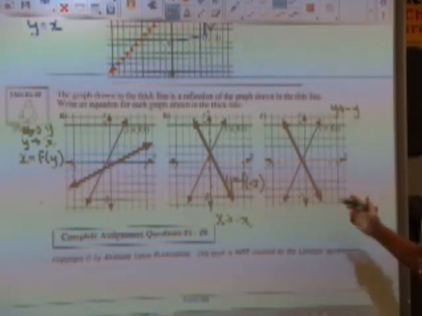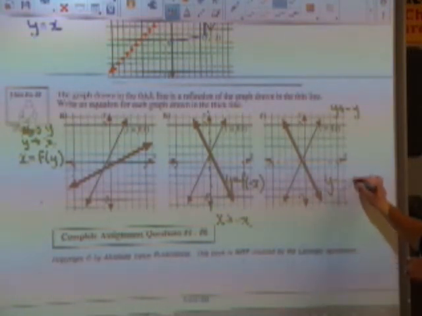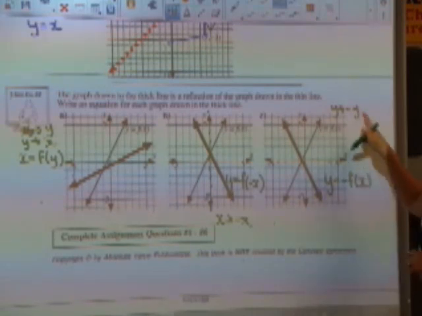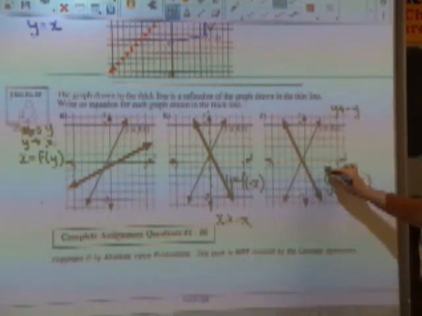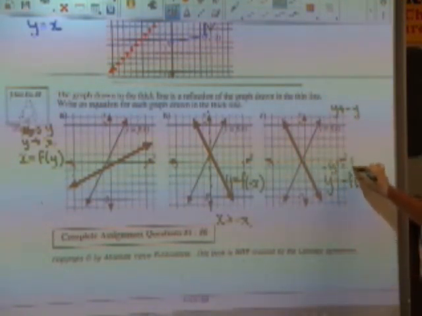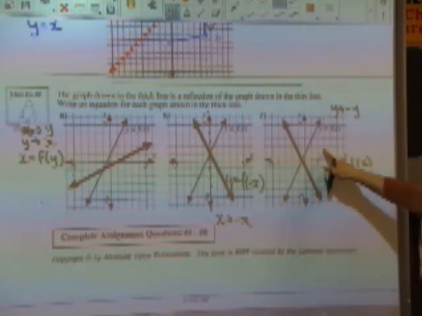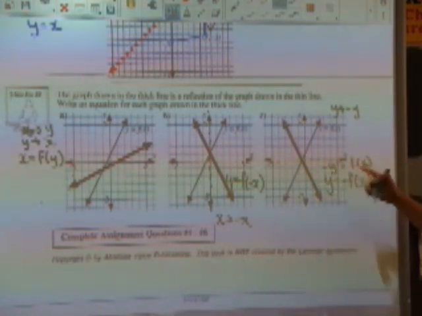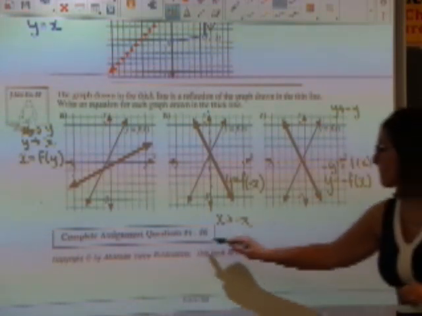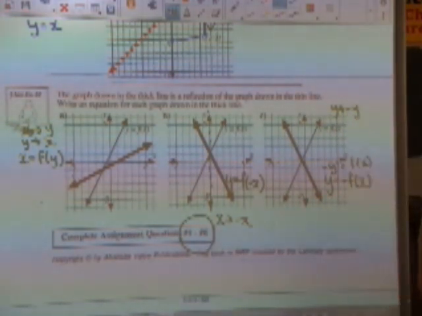Y equals negative f of x. If I went with my replacement, I end up getting negative y equals f of x, so that when I move the negative to the other side, that's how I get the negative in front of the f of x. I want you to do those questions.